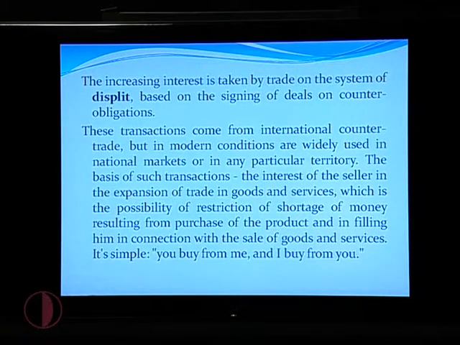The basis of such a transaction is the interest of the seller in the expansion of trade in goods and services, which is the possibility of restricting the shortage of money resulting from purchase of the product and filling it in connection with the sale of goods and services. It is very simple: you buy from me and I buy from you.